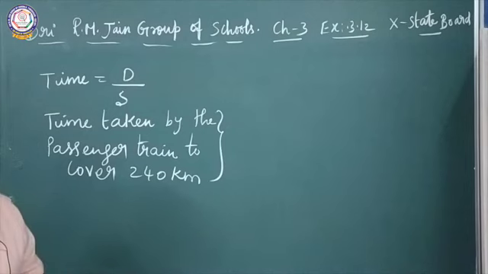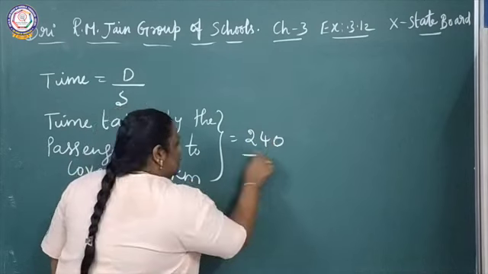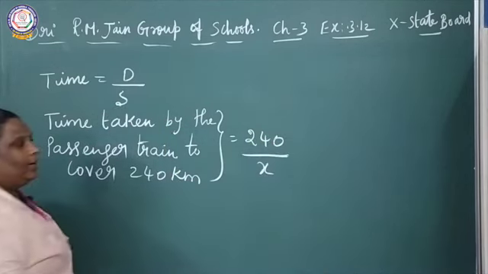You know the formula, time equal to distance by speed, distance equal to speed into time. You studied it in physics itself. See, what is the distance? Distance is 240. Passenger train speed, I take it as x, so 240 by x hours.